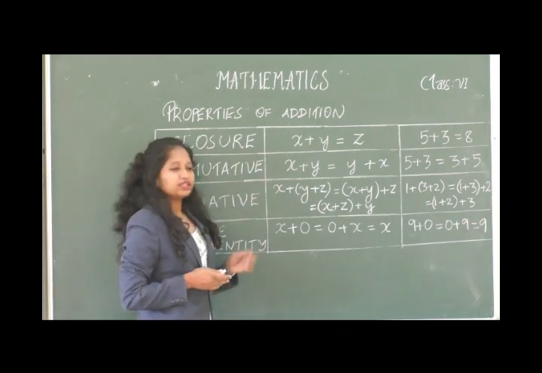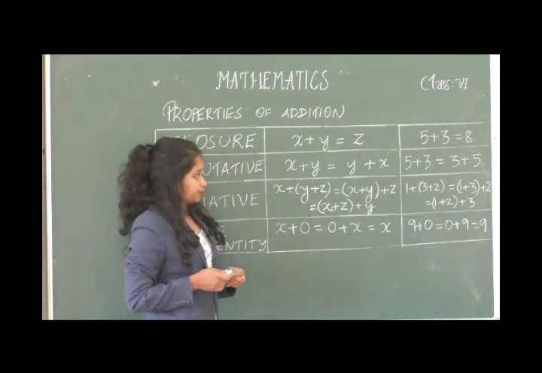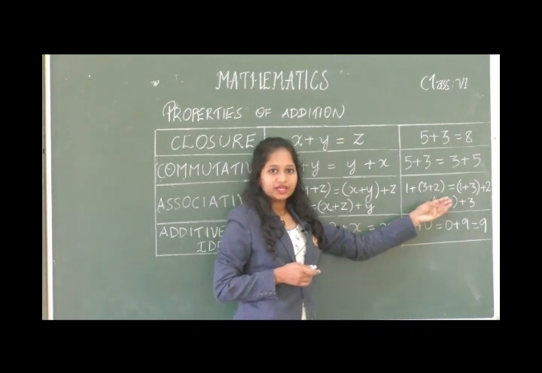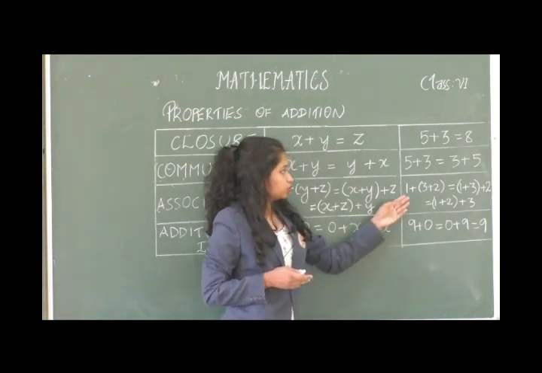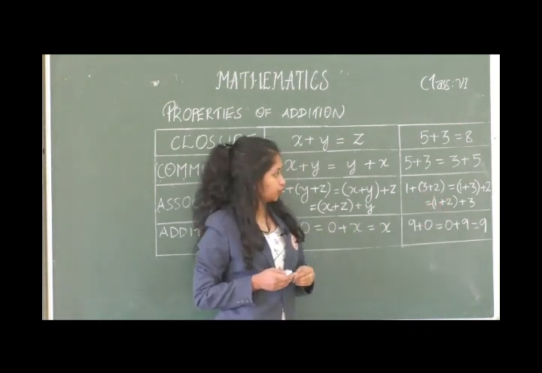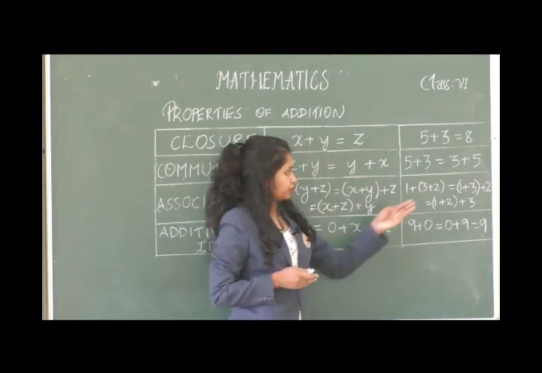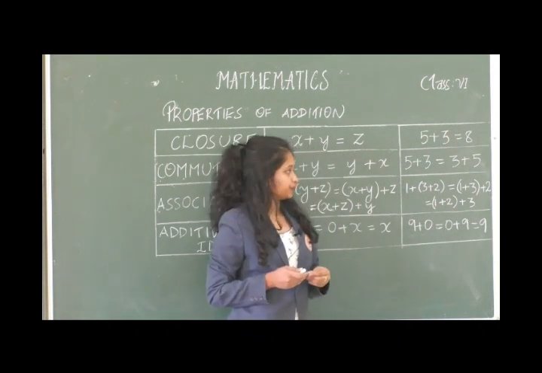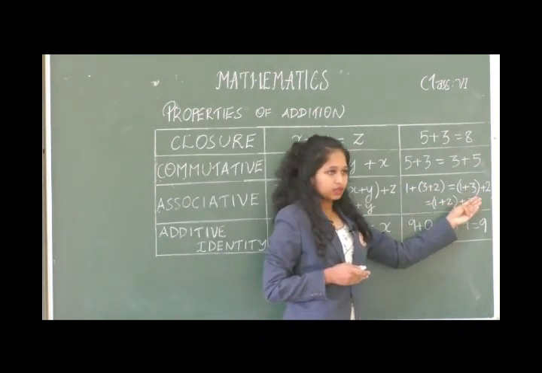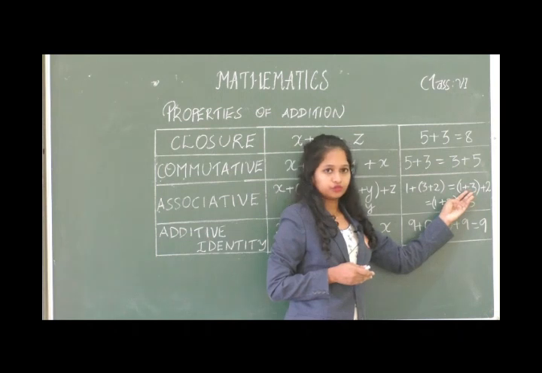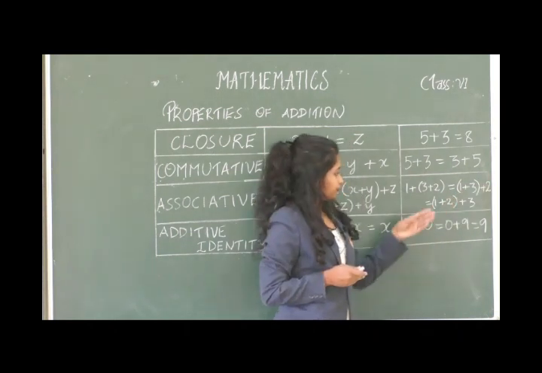And next, in case of associative property, in the place of x, y and z, I have taken 1, 3 and 2. Add 3 plus 2 first, you get 5. 5 plus 1, 6. Here, add 1 and 3 first, you get 4. 4 plus 2 is 6.